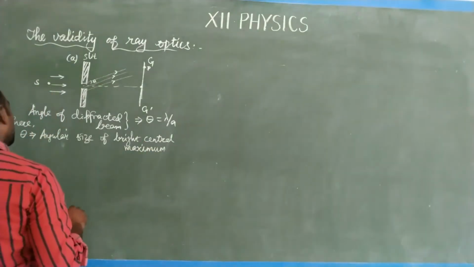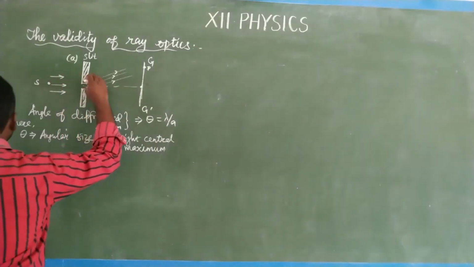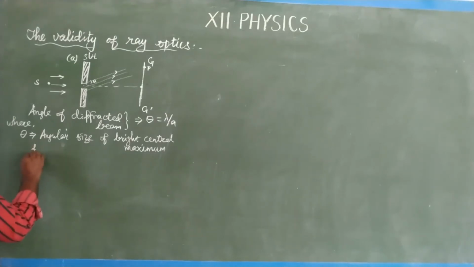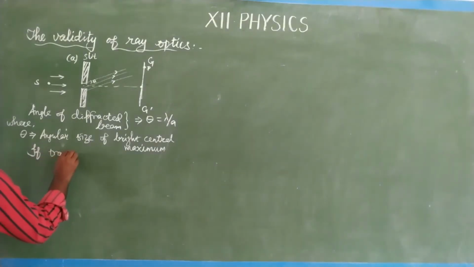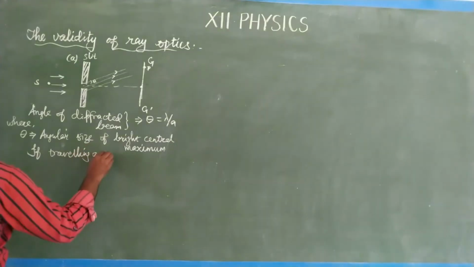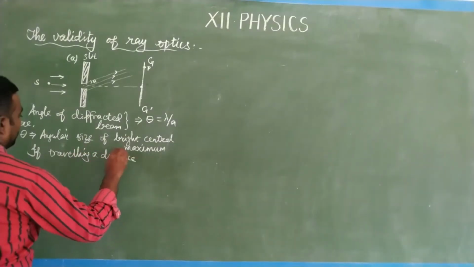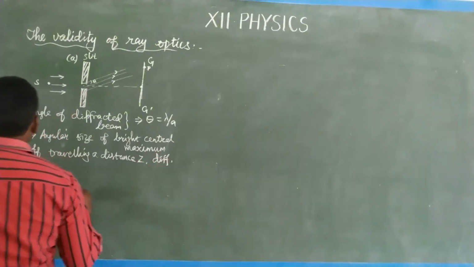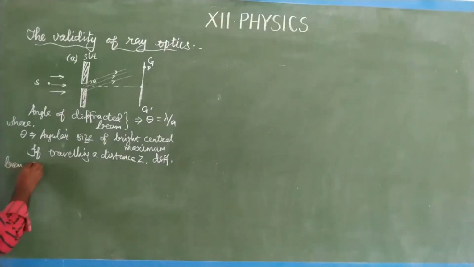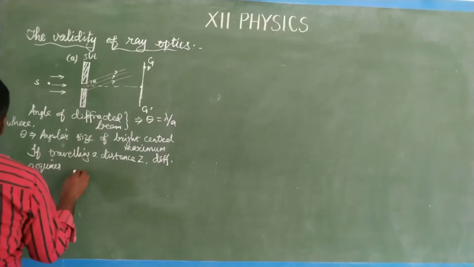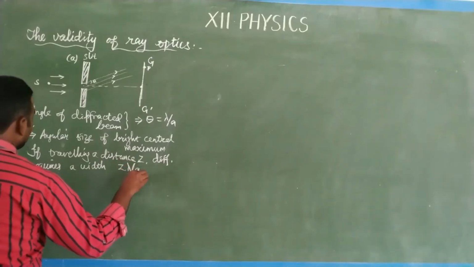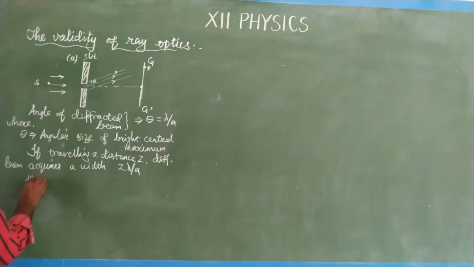Suppose that in traveling a distance Z, the diffracted beam occurs with a width.